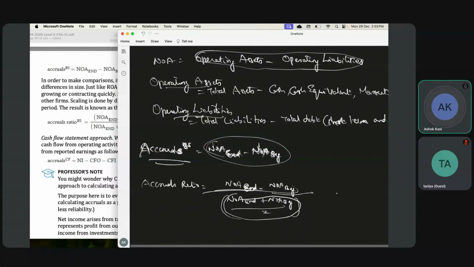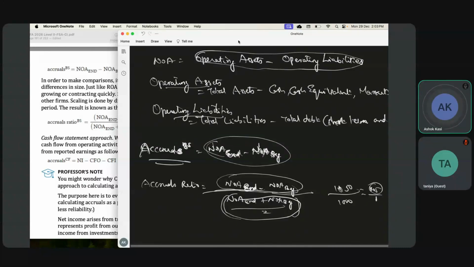Say for example, the average amount is 1000 and the difference is, let's say, 1000 and like 1050. So now it is 1.05. That means on an average, normally it is 1, and now accruals are increasing.